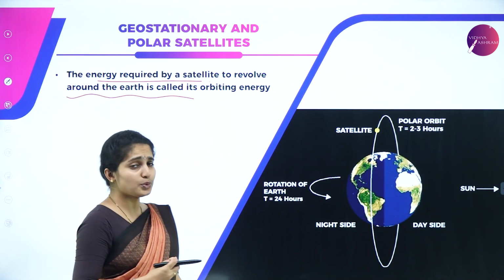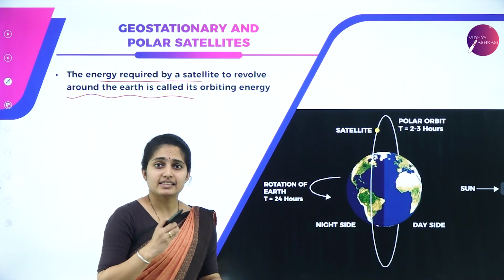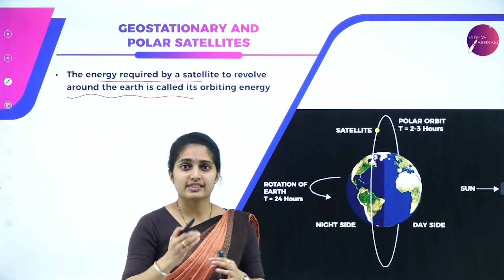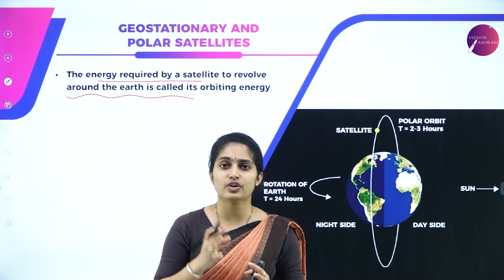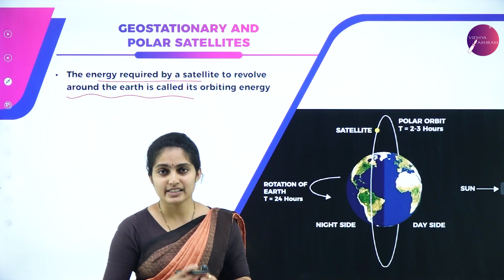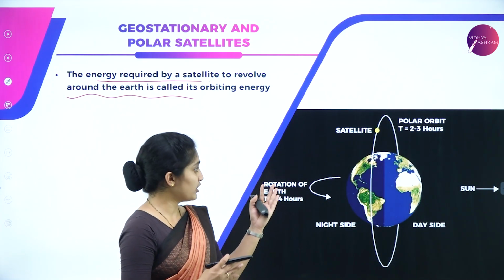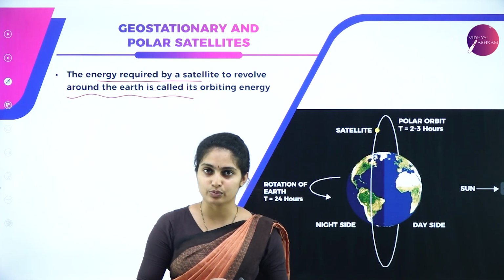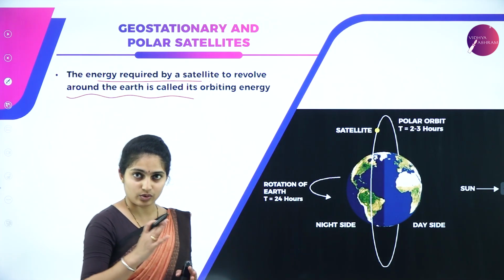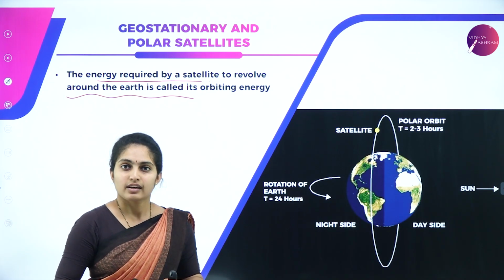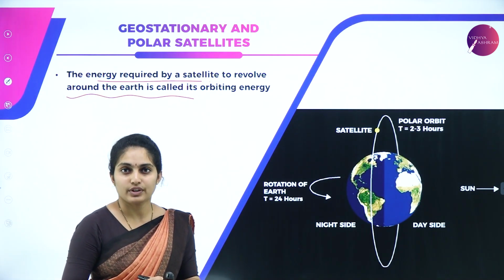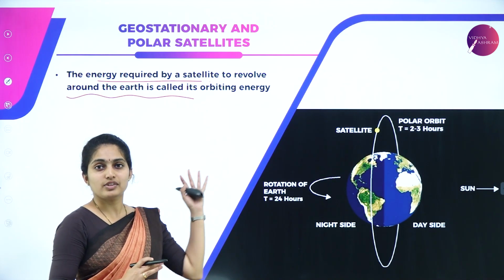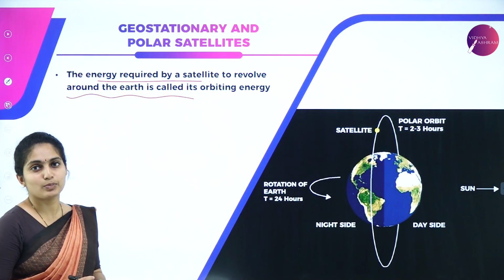But geostationary satellites move along with the Earth itself, rotating with it. Such satellites are called geostationary satellites, which work for 24 hours, whereas polar satellites take 100 minutes. So one revolution takes 100 minutes for polar satellites, whereas for geostationary satellites it takes 24 hours. That is all about geostationary satellites as well as polar satellites.